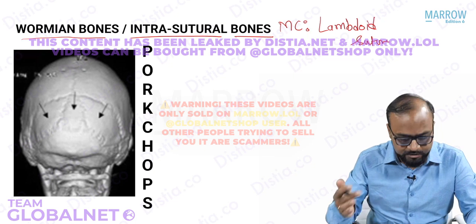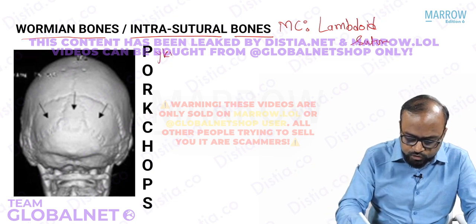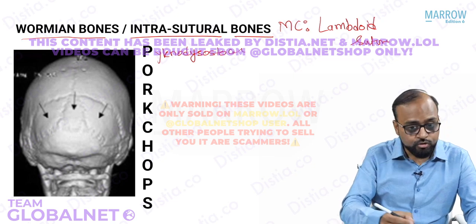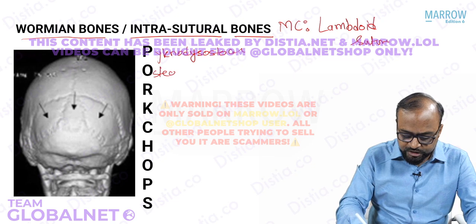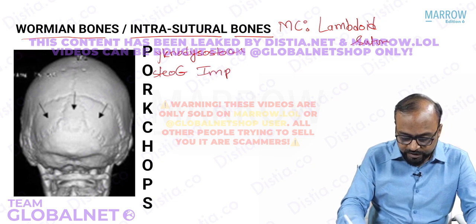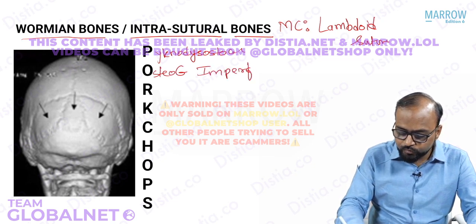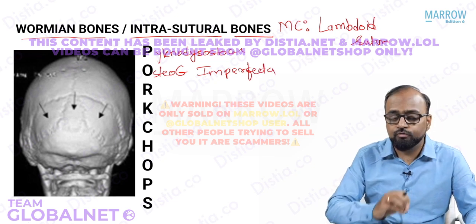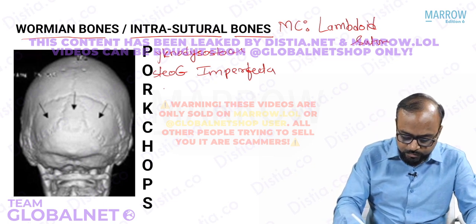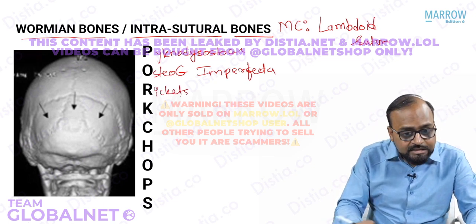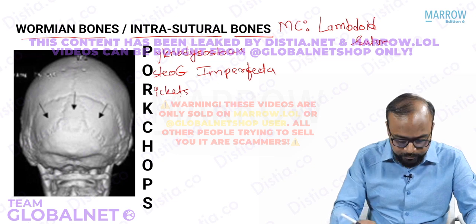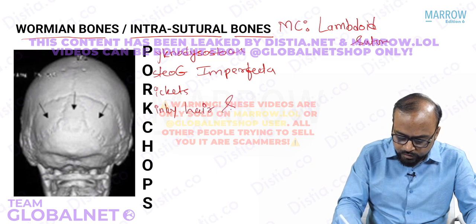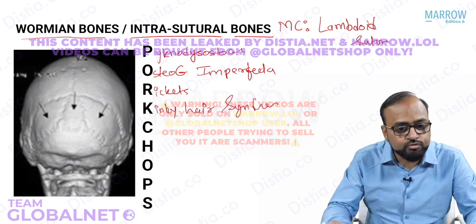So what are PORK CHOPS? Let us have a look. Pycnodysostosis is a cause of Wormian bones. Osteogenesis imperfecta, a disorder in the formation of collagen type 1, so grossly abnormal bones, formation wise, structurally. Rickets is a cause of Wormian bones. Kinky hair syndrome is a cause of Wormian bones.